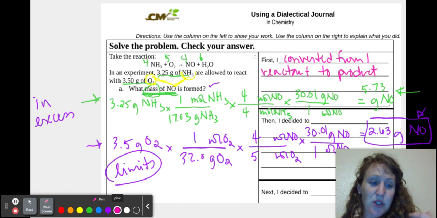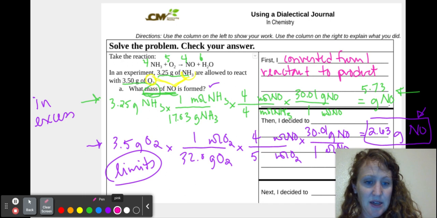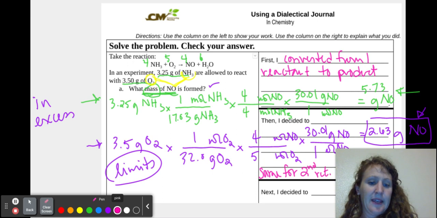Then I decided to do the same thing for the second reactant. I'm going to write this at the bottom. And then next, I looked at the amount of product I could make, and I found the smallest amount.